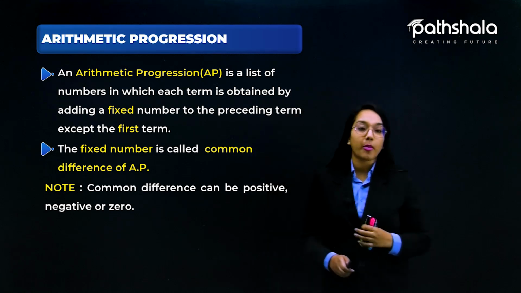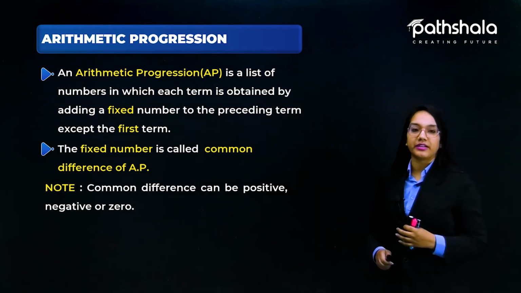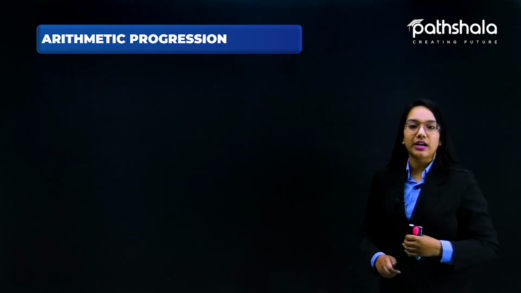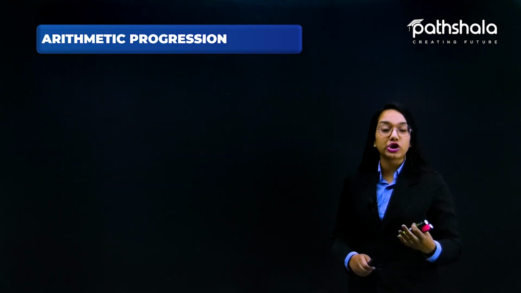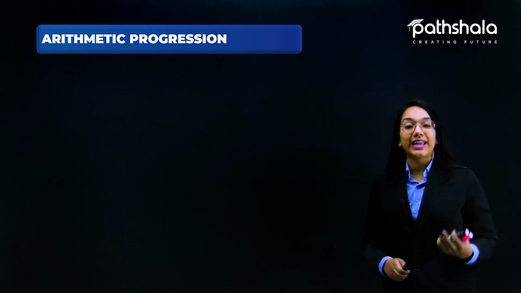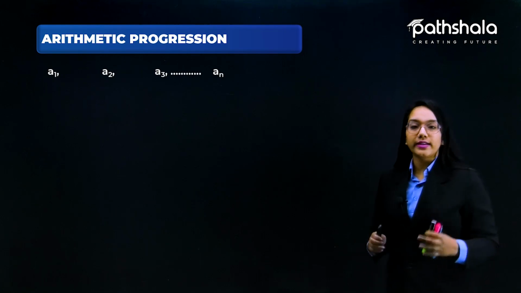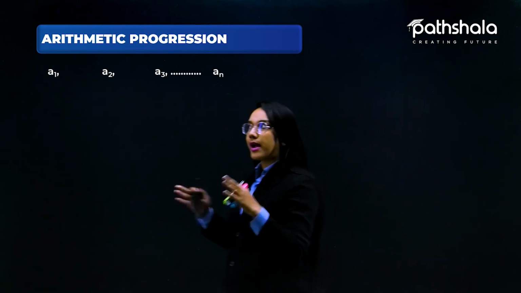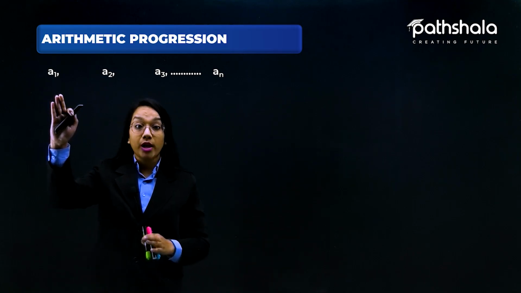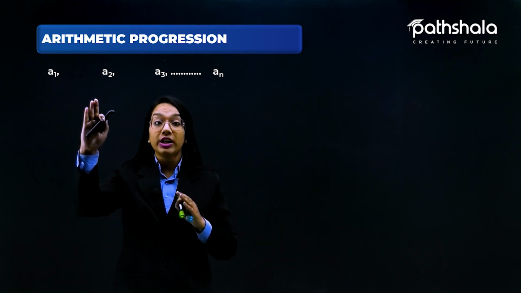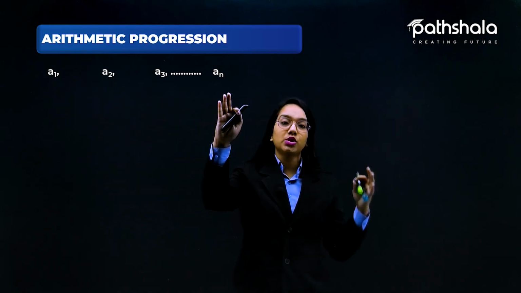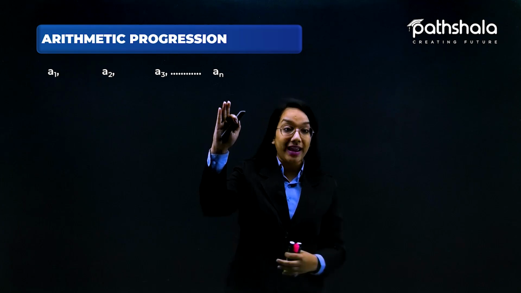Now let's talk about how we can represent it in general. Let us suppose I represent the arithmetic progression's first term as A1, second term as A2, third term as A3 and so on, and the last term as AN.